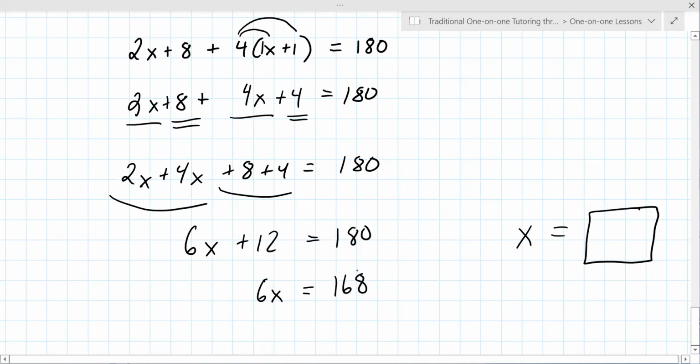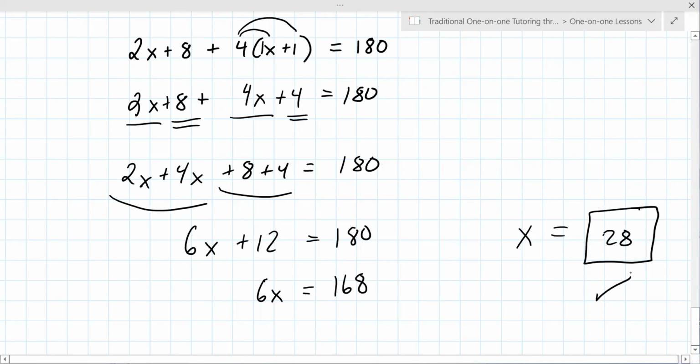I'm almost there. I'm trying to just write it down. x is 28. Very good.